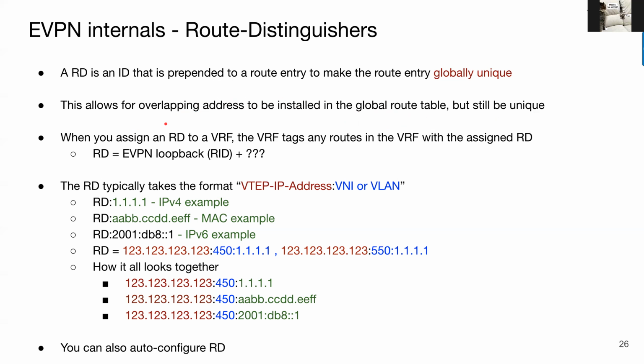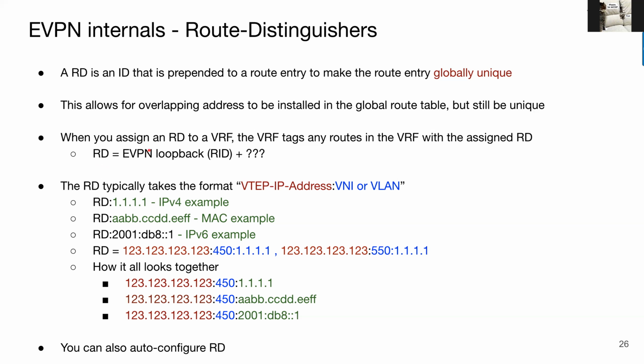It's just going to be the latest route I get, I'm going to assume is the best one to use, and I'm only going to install one. The same thing is happening here. If you are running multi-tenancy and you are duplicating VLANs, or if you are using multi-homing or MLAG, and you still want to have unique identifiers just for redundancy in case of failure, then you're going to use a unique route distinguisher.